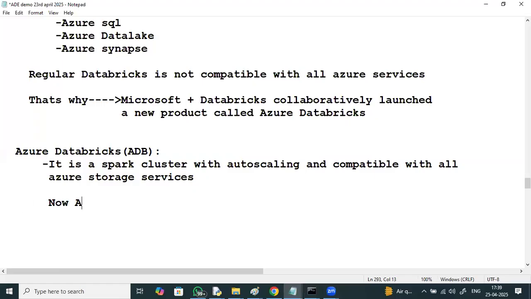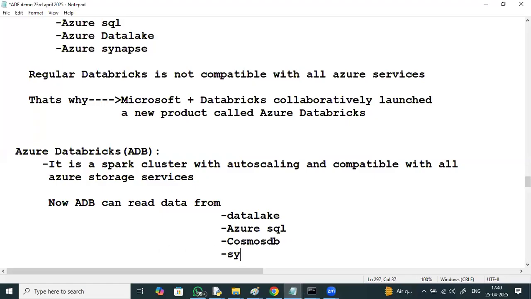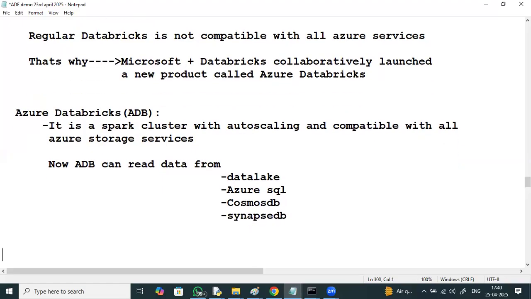Now, Azure Databricks can read data from Data Lake, Azure SQL, Cosmos DB, and Synapse DB.